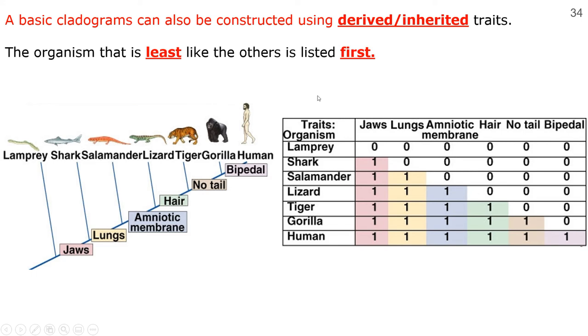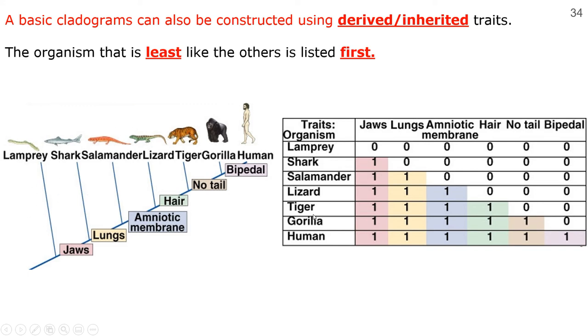So you will sometimes be asked to construct a cladogram from a table just like this. So you start with the organism that basically only has one derived trait, so one trait in common with everyone else. It's going to be the most different. So that is the organism that you put at the beginning.